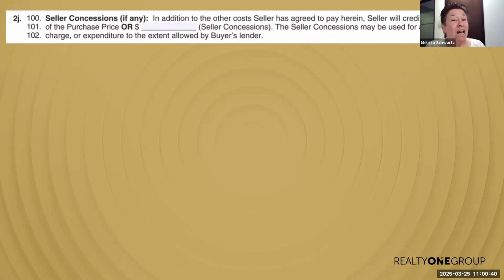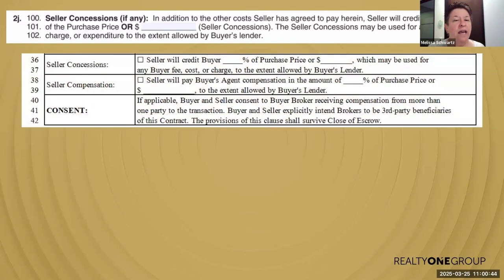Okay. Seller concessions, that is on the AAR contract. And, oh, wait a minute. There's more than just seller concessions here. Look at this. Okay, so seller concessions: seller will credit buyer a percentage or a dollar amount. Now look what is right next to that, folks. How handy is that? Seller will pay buyer's agent compensation in the amount of.